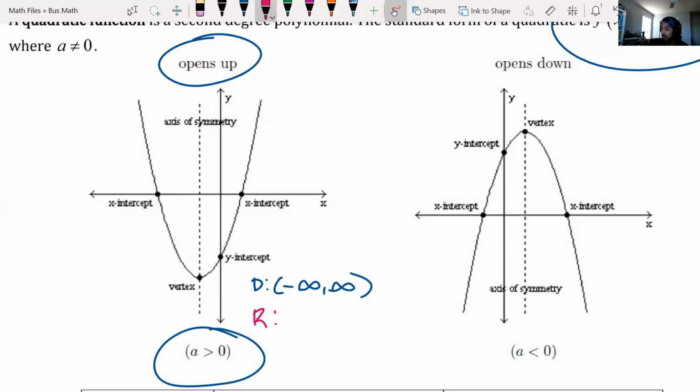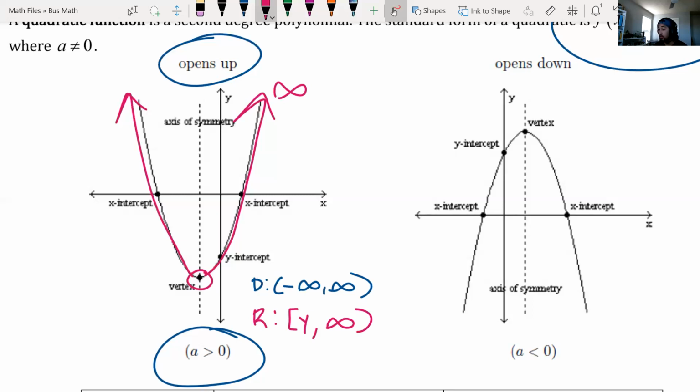If you have a parabola that opens up, then remember how range goes. Range starts at the smallest y value. Domain and range always start at the smallest value and end at the largest value. So if you're dealing with the range of a parabola, you're going to start at the y value of your vertex, and you're going to head up towards infinity. This is the domain and range of a parabola that opens up.